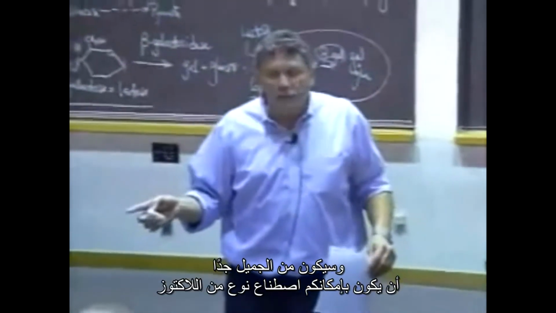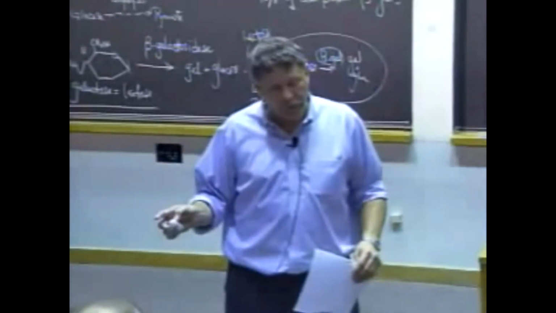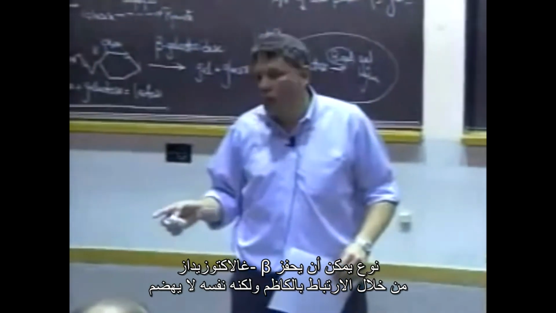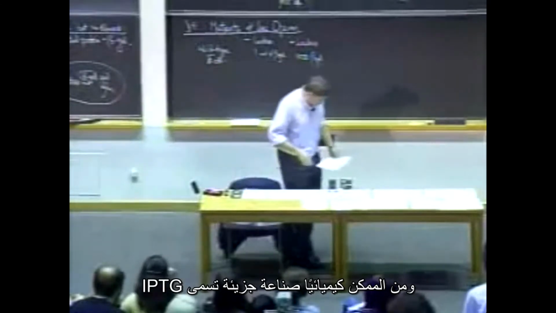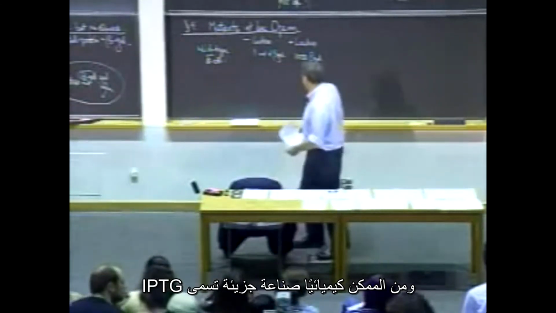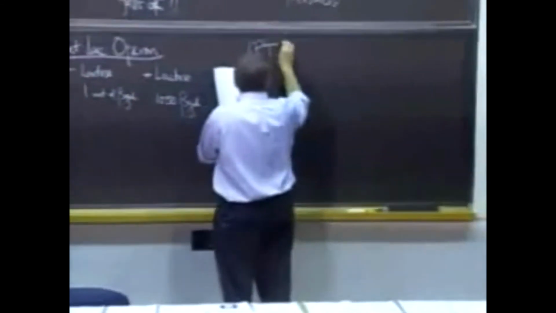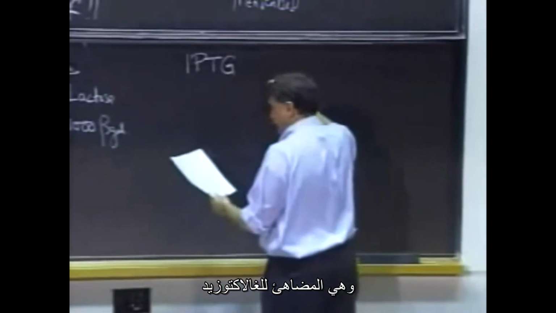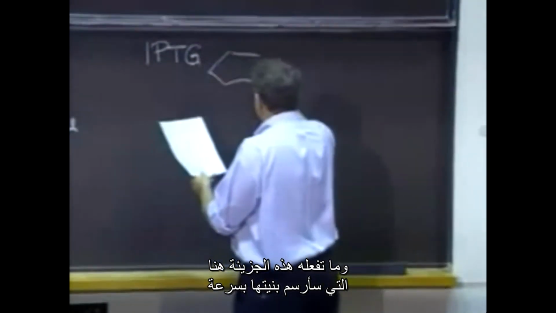It would be very nice if you could make a form of lactose that could induce beta-galactosidase by binding to the repressor, but wasn't itself digested. Chemically, in fact, you can do that. Chemically, it's possible to make a molecule called IPTG, which is a galactoside analog. Let me sketch it very quickly here.